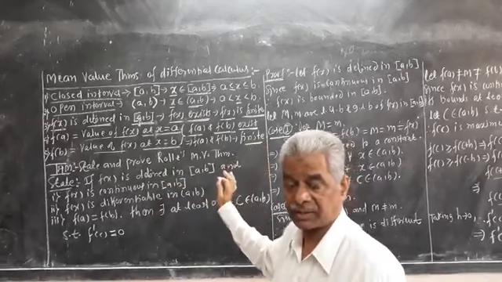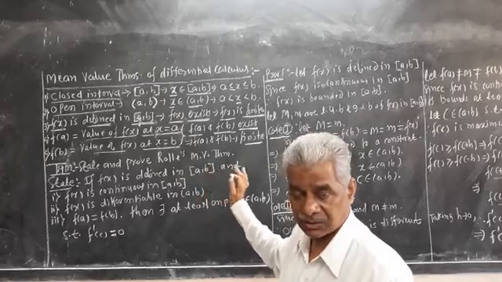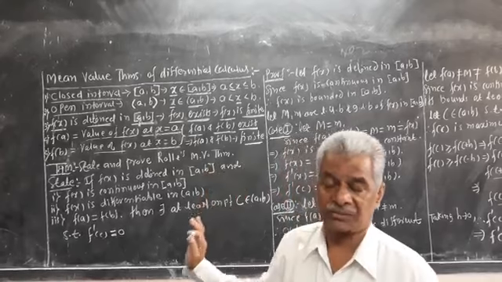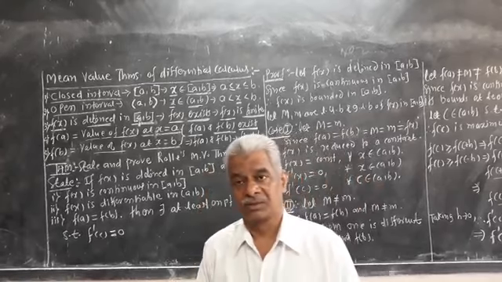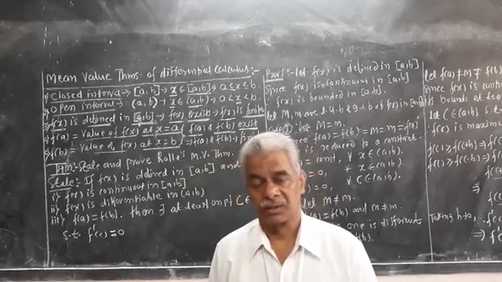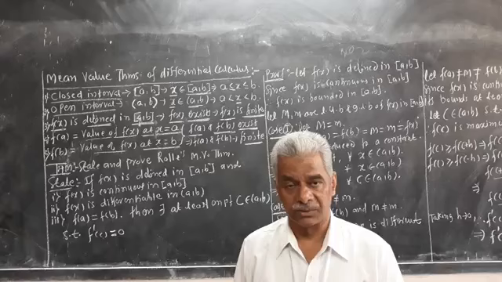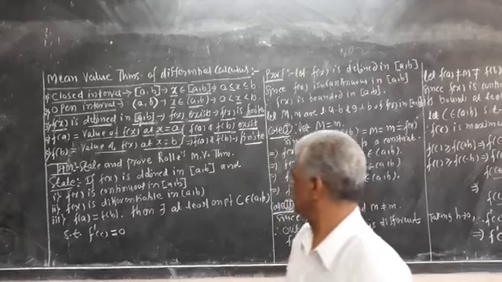Exist means finite, and does not exist means it is infinite. Then we shall study the first mean value theorem, which is called Rolle's mean value theorem.